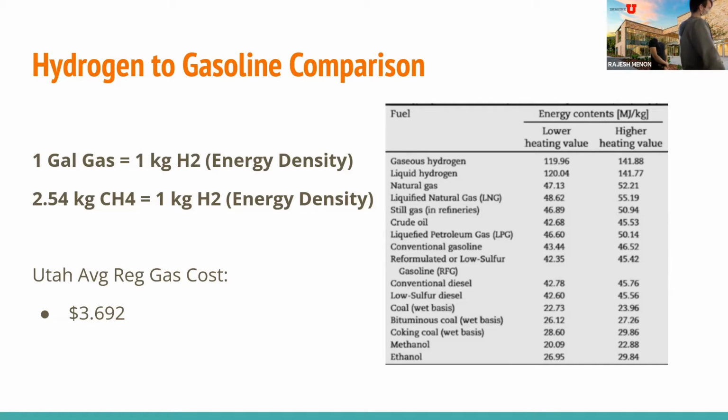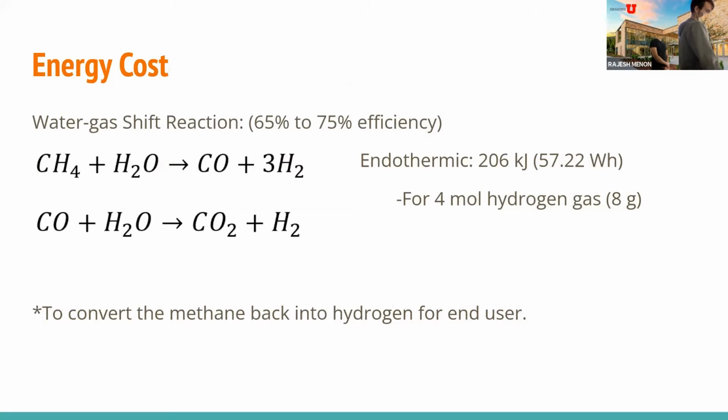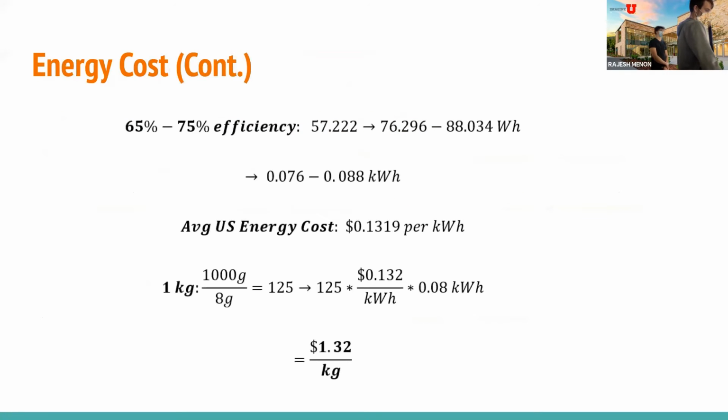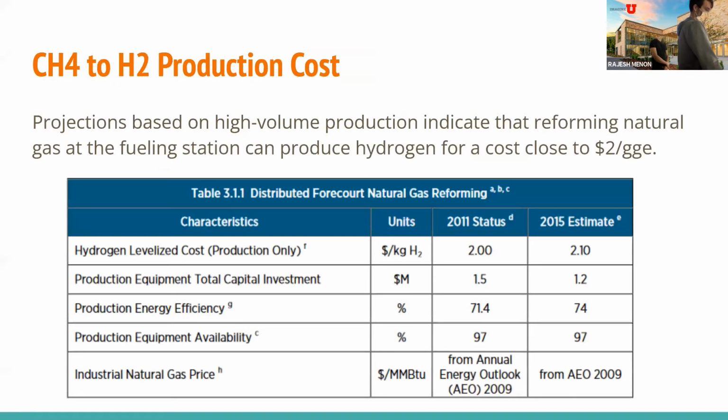So energy density wise, 1 kilogram of hydrogen is the same as 1 gallon of gasoline. And 2.54 kilograms of methane is approximately that same energy density. Let's see, I'll skip that. The conversion cost is about $1.32 per kilogram.